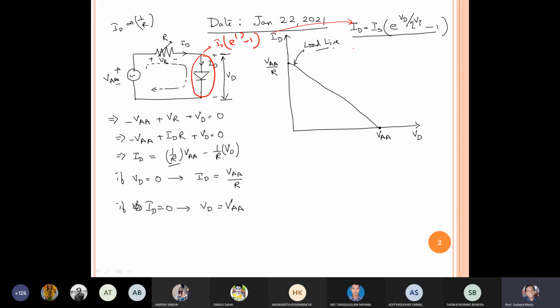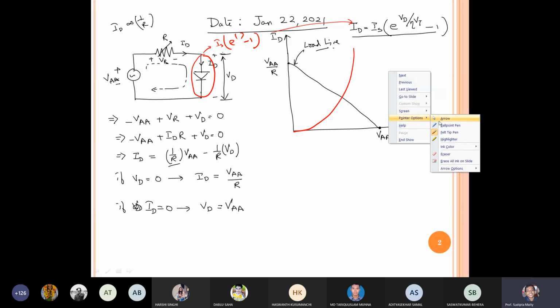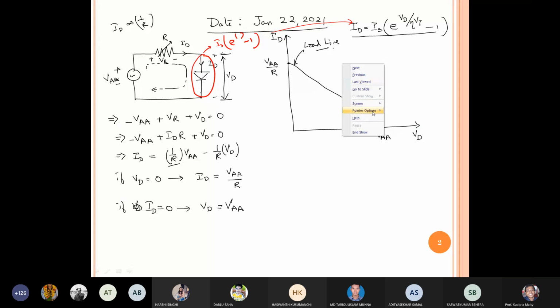Suppose this is my kind of equation, approximately. Now this is the corresponding curve, and it is a cross section with this line. So this point is called the quiescent point.